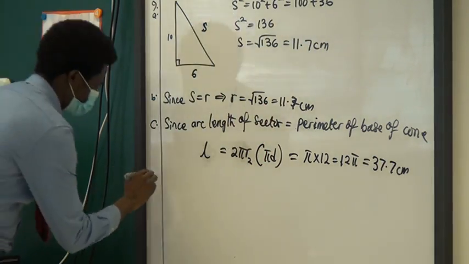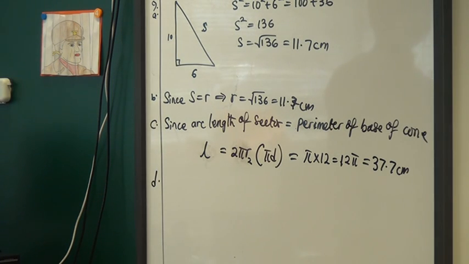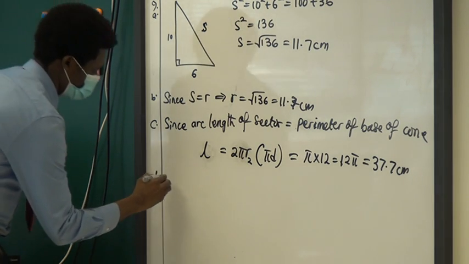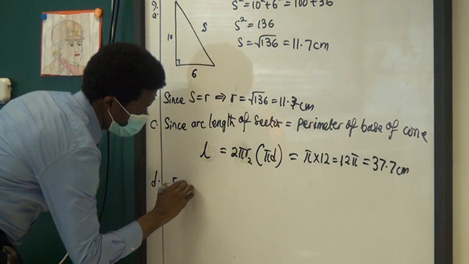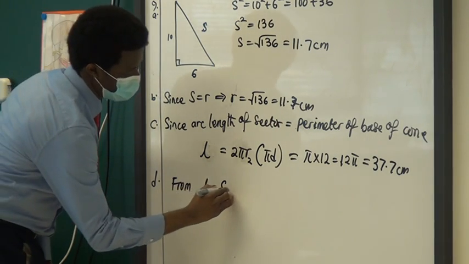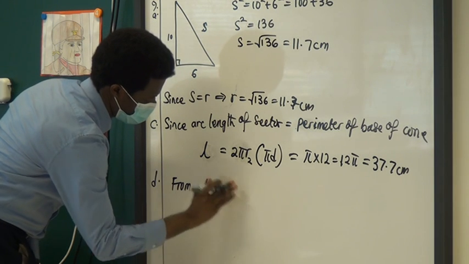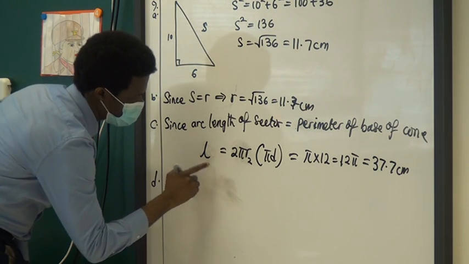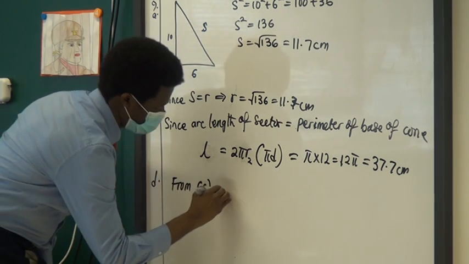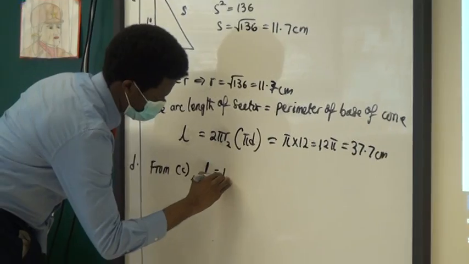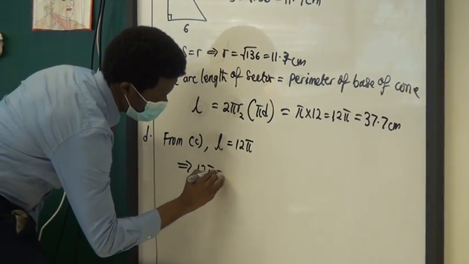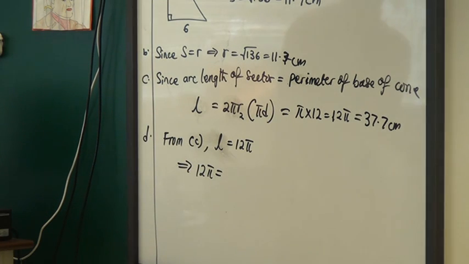Okay? And last but not the least, angle at the center. So that's when we need what I just wrote. Okay? So from L equals C, circumference or perimeter. Just say arc length from above. From C, for example, arc length is 12 pi. So this means the 12 pi is the length of the arc, right?